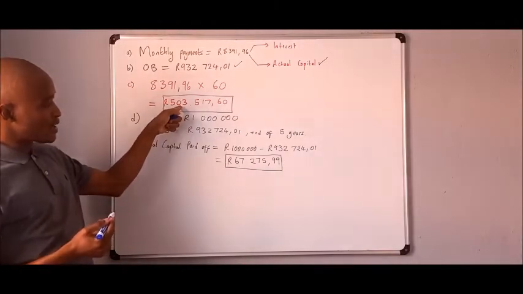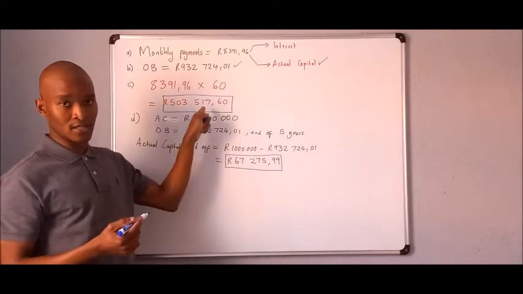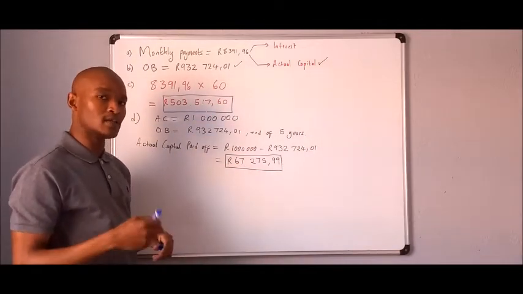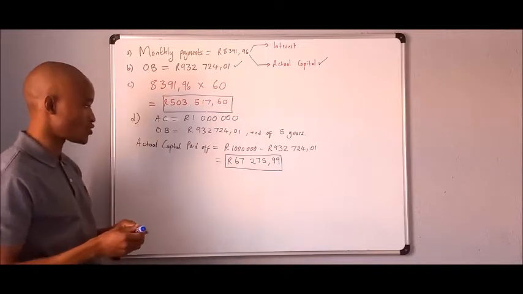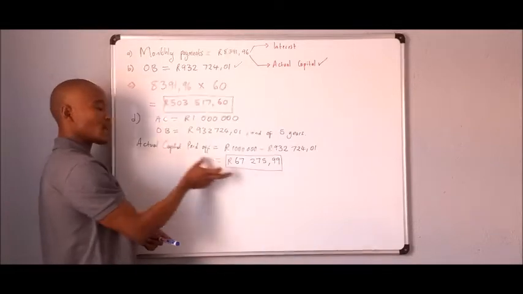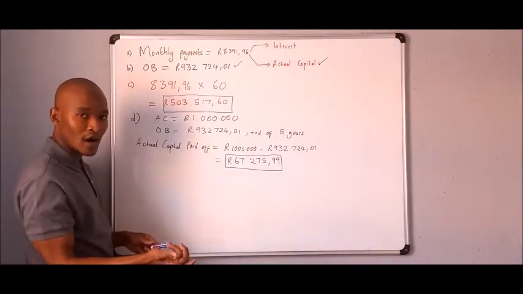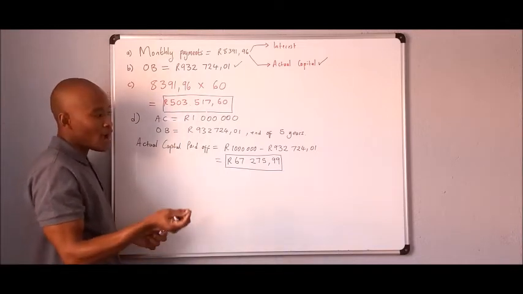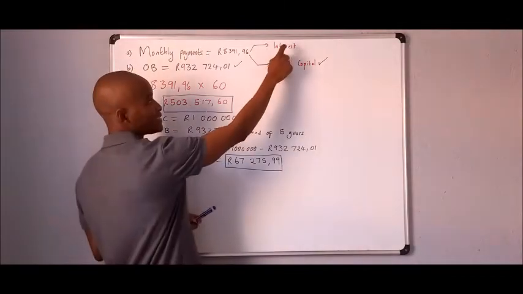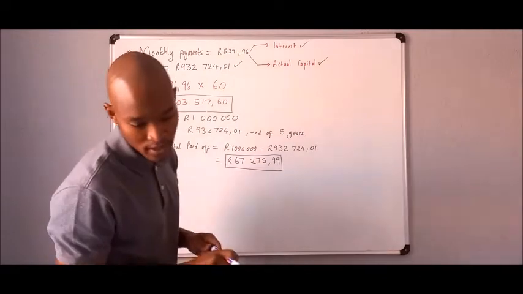So what is this telling us? A large portion of this is actually towards interest, and a small portion is towards the payment of the actual capital of the loan. If this represents the actual capital, the next natural question to ask is how much money went towards the payment of interest, which is the next question I ask.